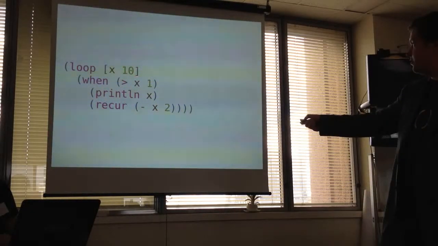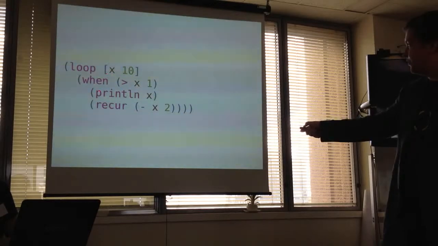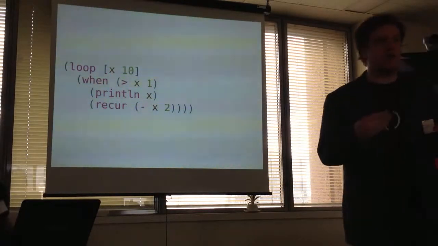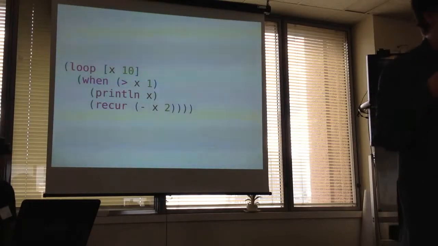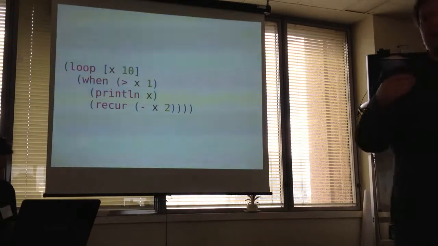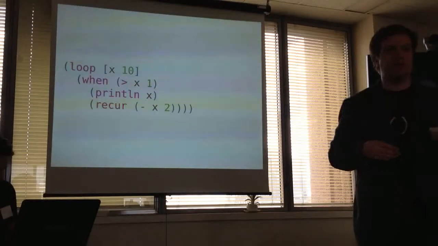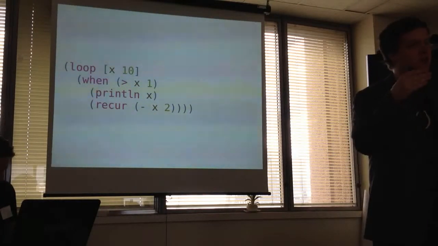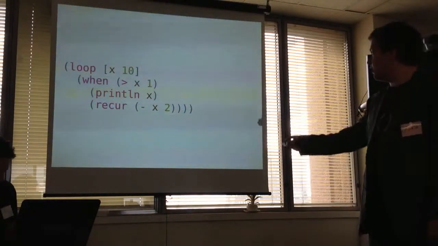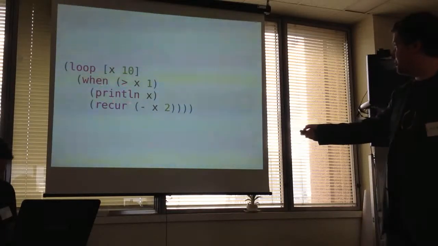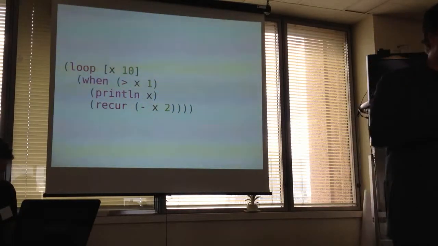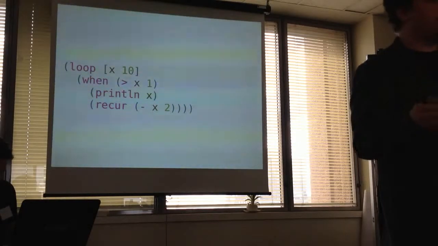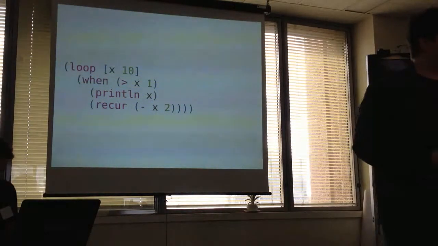We're also using when, which I haven't shown you before. When is kind of like an if statement, but it has no else, and it's useful when you want to do multiple things as part of the if branch. The only reason we're using it here is because we're using print line, and that lets us view what's coming out at each step.